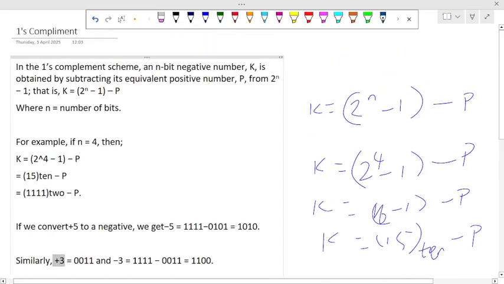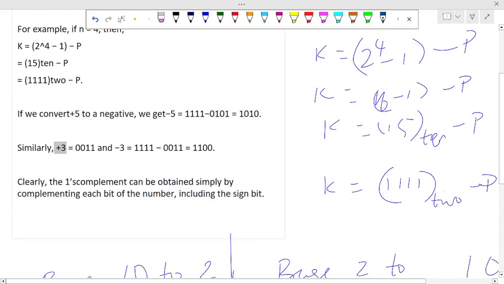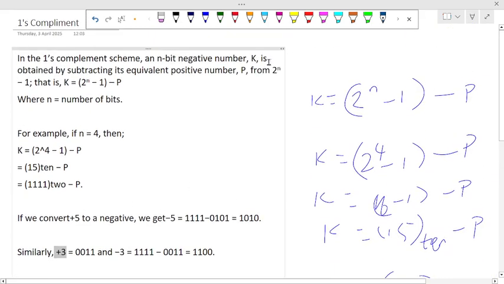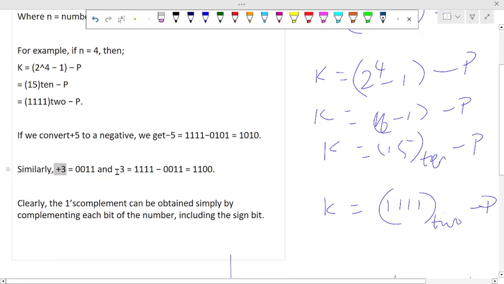According to the definition here, in the 1's complement scheme, an n-bit negative number k, in this case minus 3, and in this case minus 5, is obtained by subtracting its equivalent positive number p. So this is a positive number. The positive number of minus 3 is plus 3. So we are subtracting plus 3 from this guy.